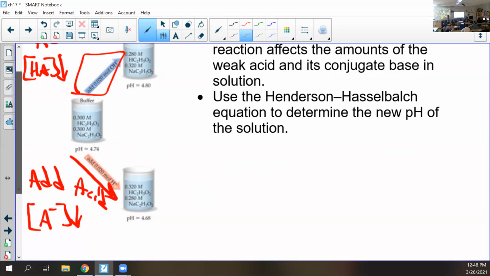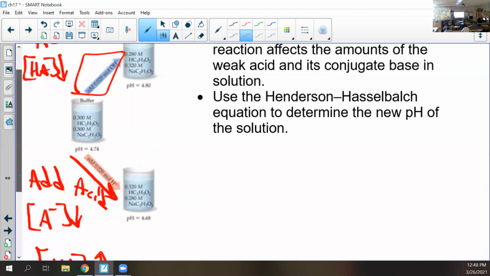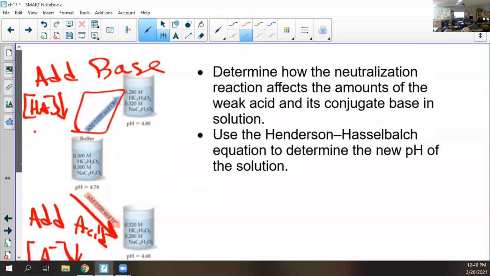Now, it really affects both. Because think about this. If I add acid, the amount of A minus went down, but the amount of HA goes up. So coming back here, the HA went down, so the A minus goes up. Here's the great news. They go up and down equal to each other.